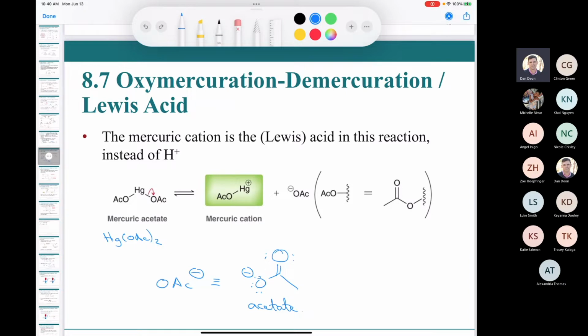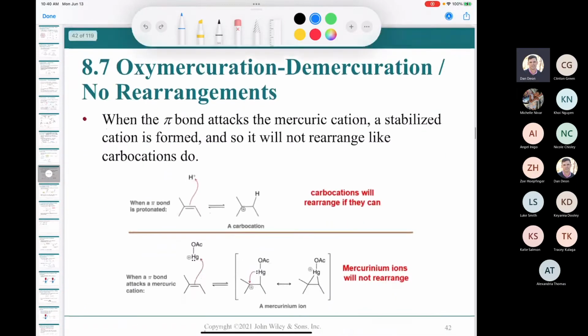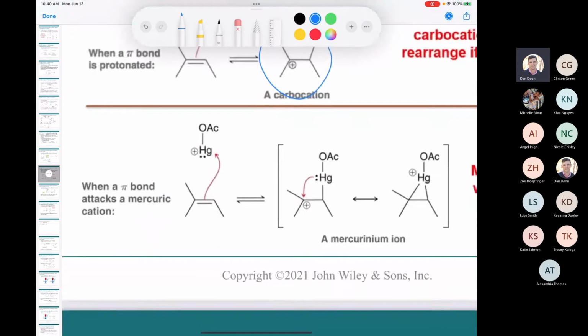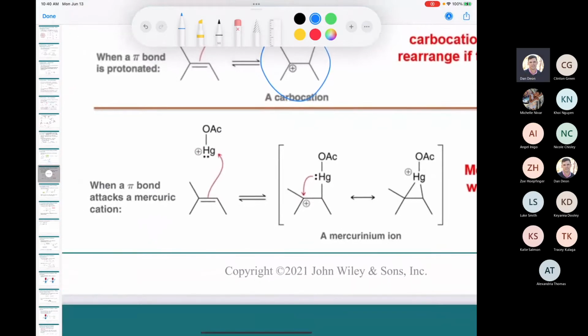Now here's where it gets interesting. The double bond of your alkene can react with the mercuric cation. If we just do a straight ahead hydration or hydrohalogenation, we produce a carbocation, whereas when the pi bond attacks the mercuric cation, we form what's called a mercurinium ion. So check this out. You have this mercurinium ion here.